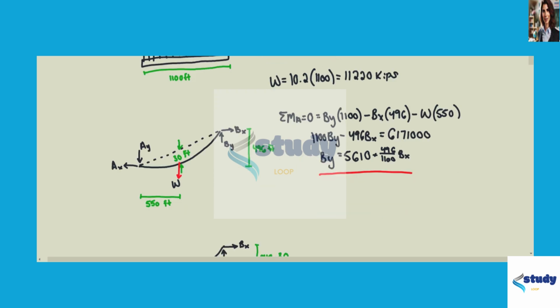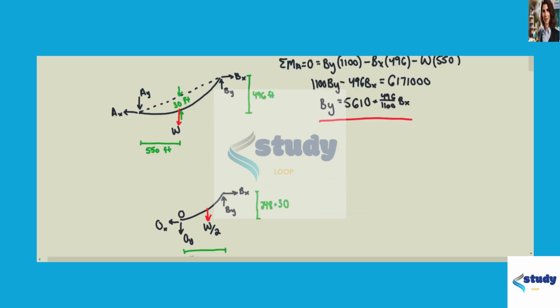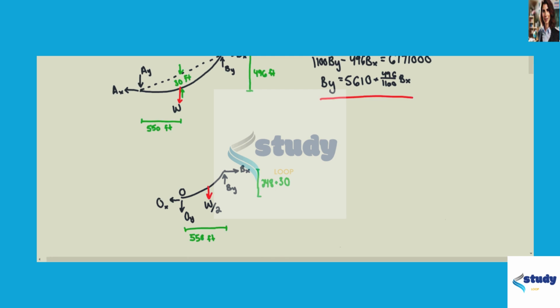Now we're going to draw a free body diagram from the middle of the cable, which I'm going to call O, to B. So we're going to do the sum of moments around O, and set that equal to 0.